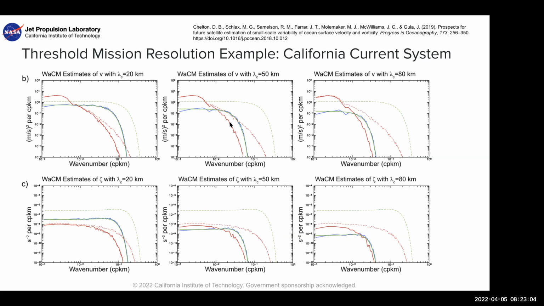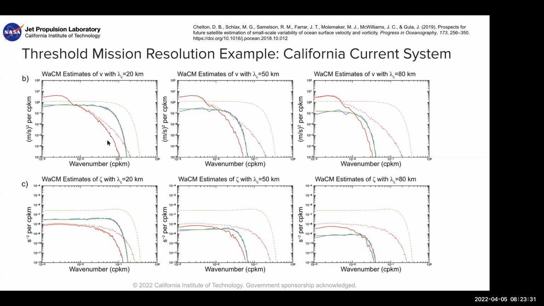In the middle panel is when we average to 50 kilometers. And in the far right panel is what happens when you average to 80 kilometers. And what you see is that as you average, you're averaging the signal, but the noise averages much faster than the signal, so you can get improved spatial resolution of the wave number of the features that you can resolve in the ocean.